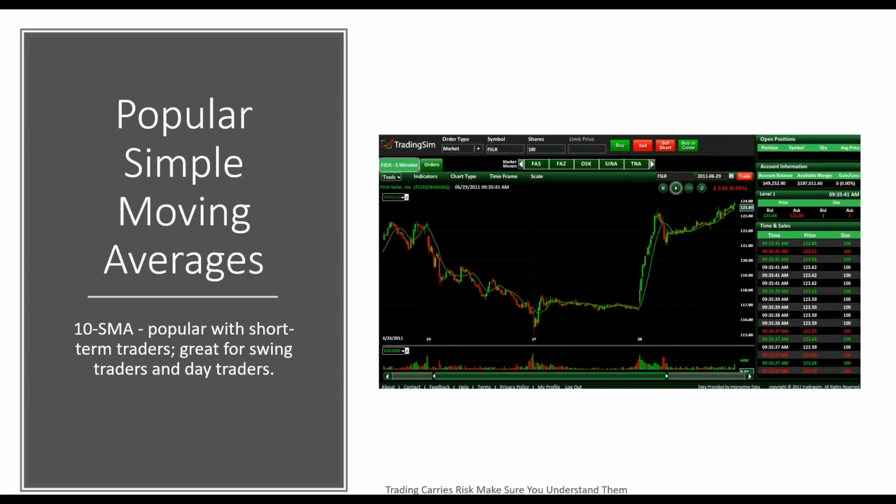Then the most popular is the 10-period moving average. When we talk about 10-day or 10-period, if you're looking at a 1-hour chart, it'd be 10 1-hour bars. If you're looking at a 15-minute chart, it'd be 10 15-minute bars. So if you're looking at a 5-period SMA on a 5-minute chart, that's only the last five closes, over the last 25 minutes.